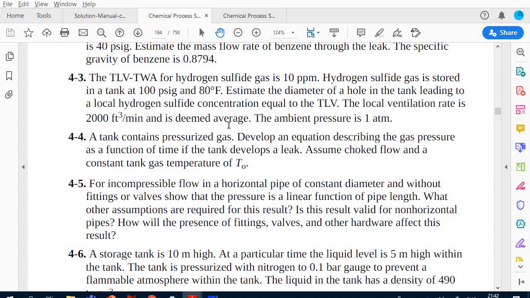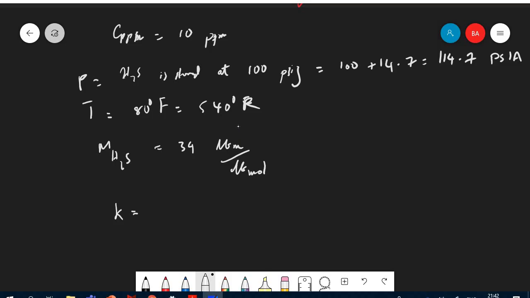If you go to table 3.5, the K value given for average ventilation is 1/8. So K is equal to 1/8, and QV is equal to 2,000 feet cubed per minute.